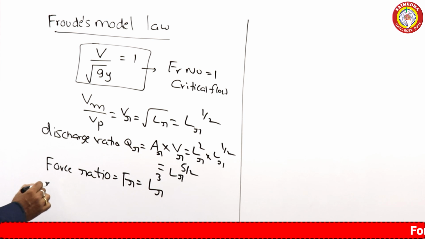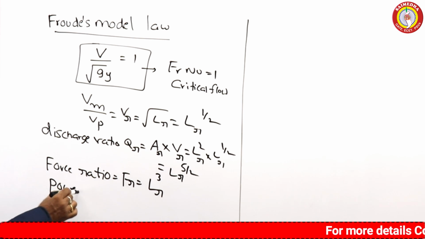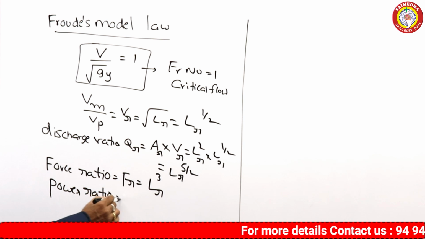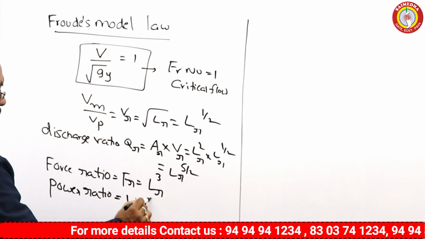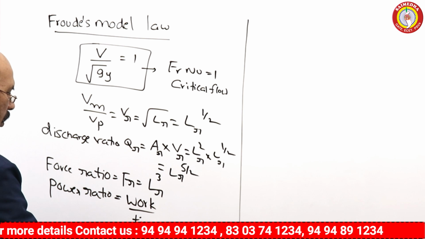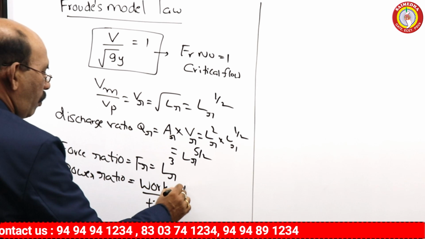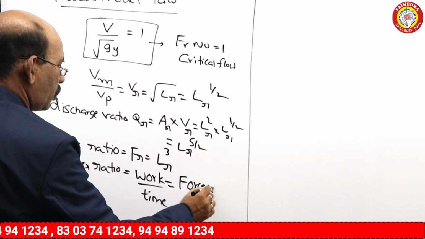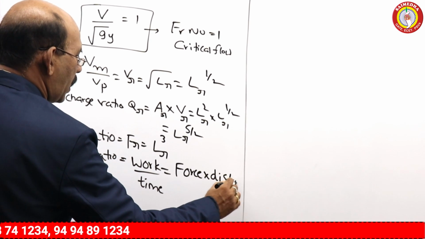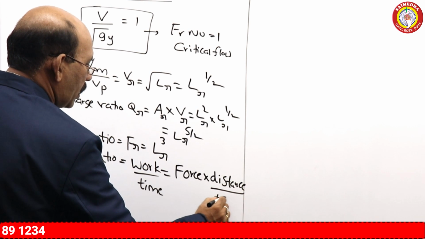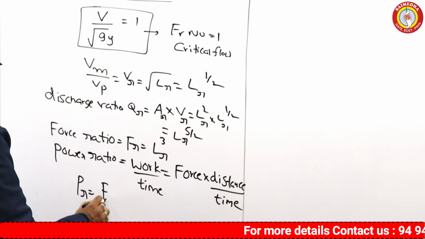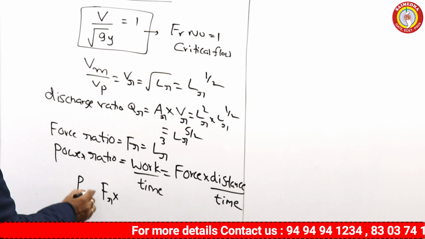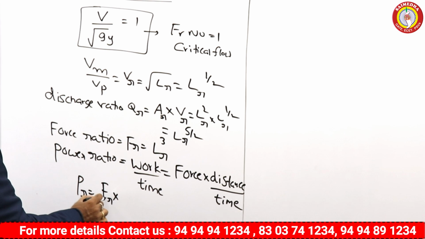Now the next one, the power ratio. Power is equal to work by time. Work is equal to force into distance moved, divided by time. Now we can see the power ratio Pr is equal to the force ratio Fr into distance by time, that is nothing but velocity. This is not the Froude number, this is the force ratio.